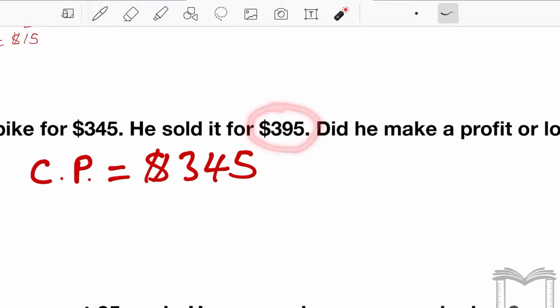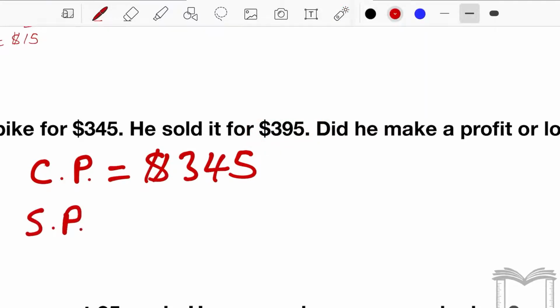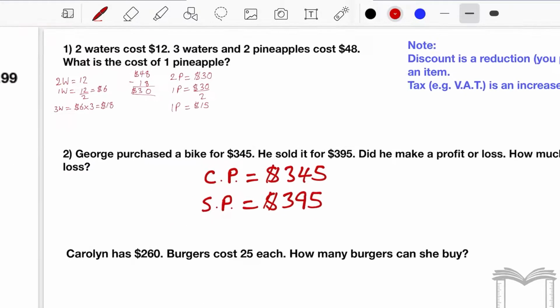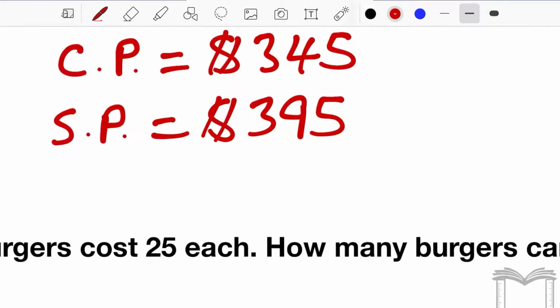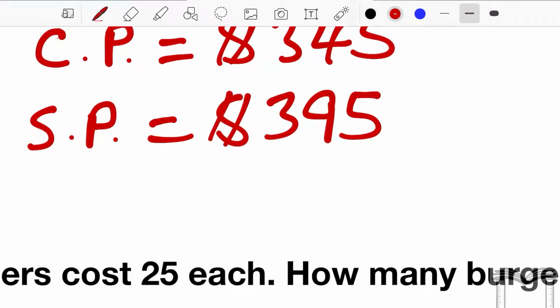He sold it for $395, so that's the selling price. Since the selling price is more than the cost price, he made a profit.